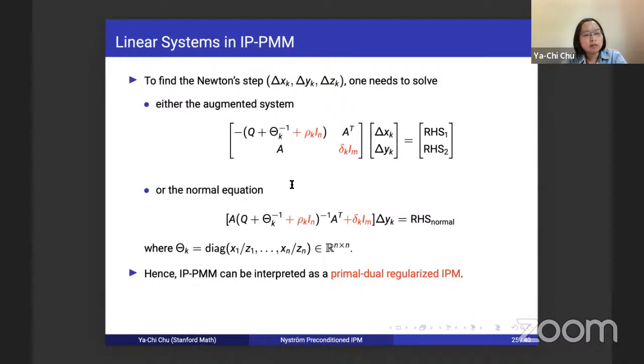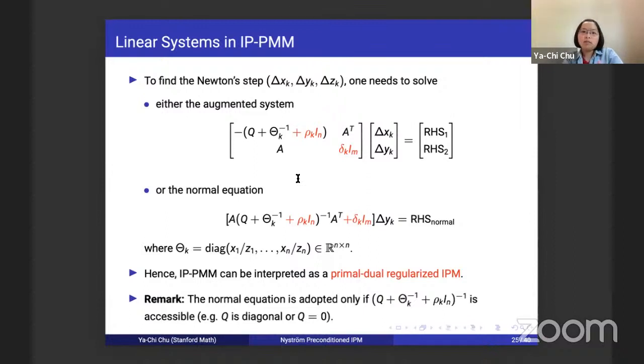The most important feature is that they claim this is the first polynomial time complexity regularized IPM. For the regularized IPM, we didn't have a polynomial complexity result before, but this is the first one they mentioned in the paper.